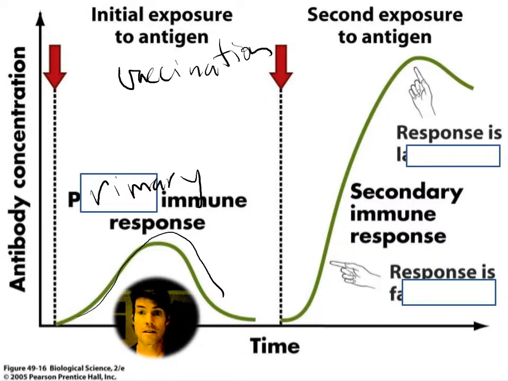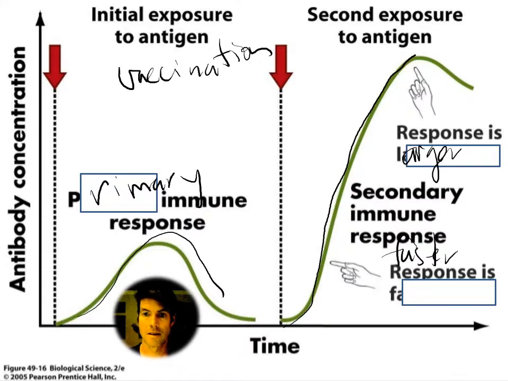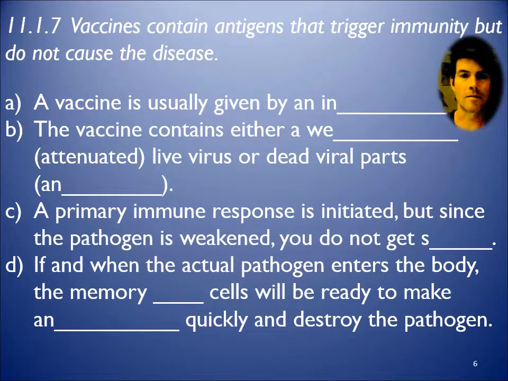And say you get the secondary exposure, boom, your body has a much larger response and it's faster. Instead of taking all this time to peak, boom, look at that. In that same amount of time, you get a lot more white blood cells and antibodies going after whatever is giving you a problem.